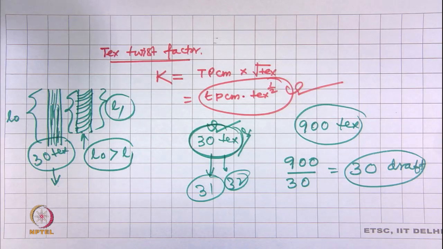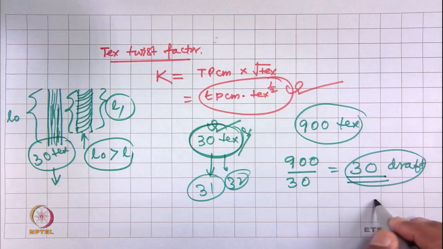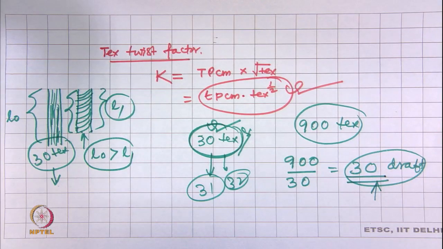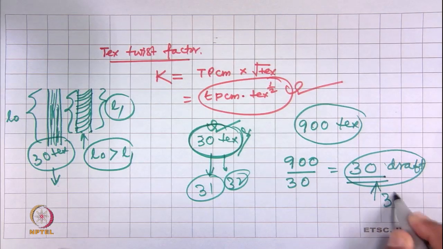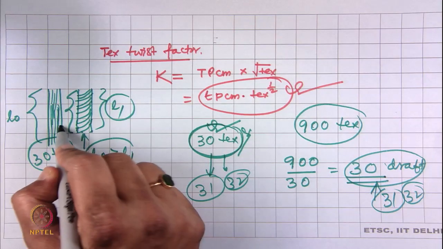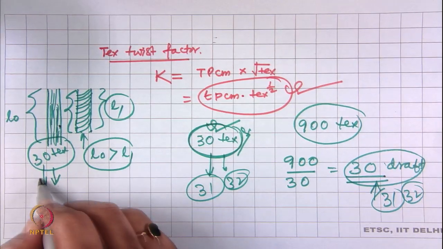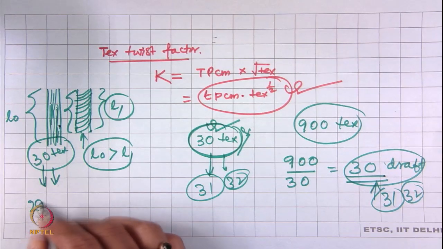We do not have any knowledge of contraction. So, if we have knowledge of contraction, then we can set a draft a little bit higher. Suppose we will set maybe 31, 32 draft, and if we set the draft more than this, the strand tex will not be 30, it will be less than 30, say 29 or something.